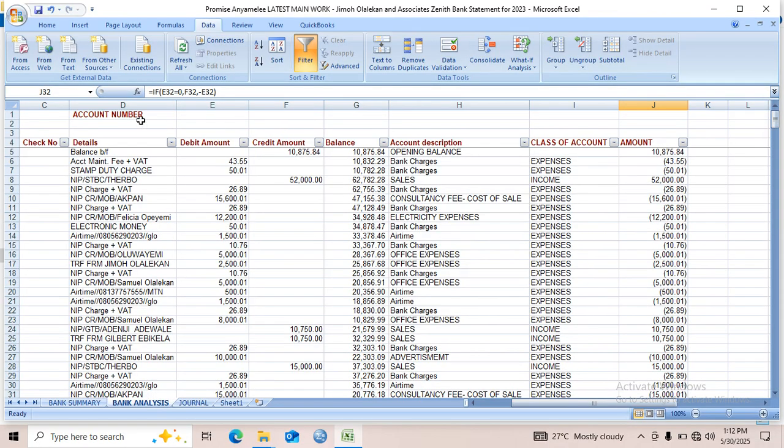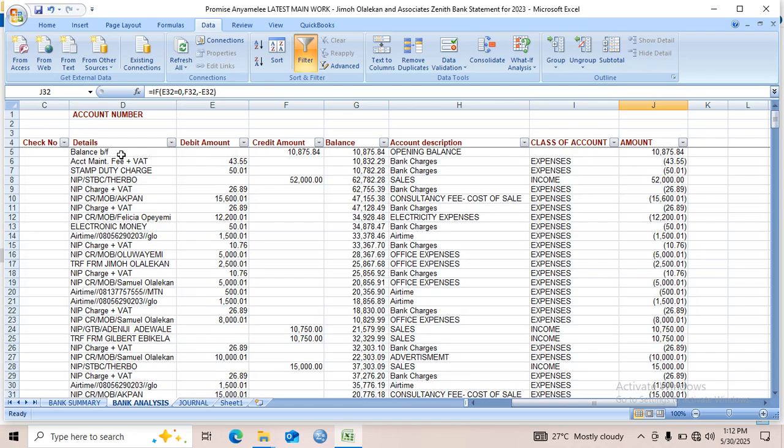If you want to freeze your panes, like you want to be seeing this debit amount, credit amount, balance, everything, even though you are scrolling down. You want to be seeing them.